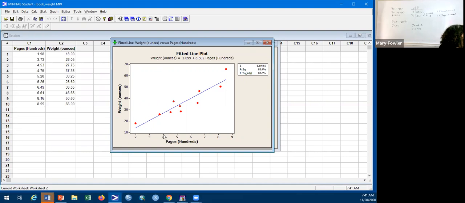That's what that looks like. And if the book is 400 pages, then the model is predicting 27.1. And the difference between those two predictions is the value of the slope here, 6.5.